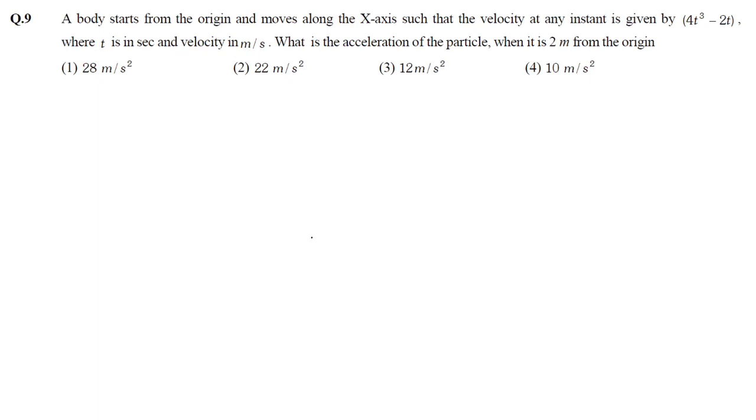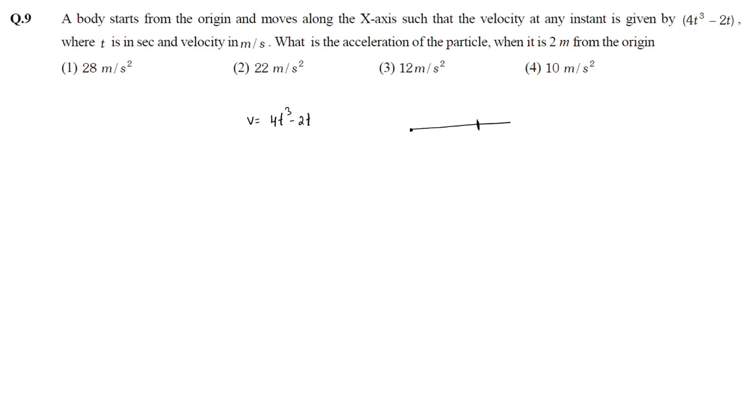A body starts from the origin and moves along the x-axis such that the velocity at any instant is given by, so here what is given in the question? Velocity is 4t cube minus 2t, where t is in seconds and velocity in meter per second. Now what is the acceleration of the particle when it is 2 meter from the origin? Okay, already it is moving.